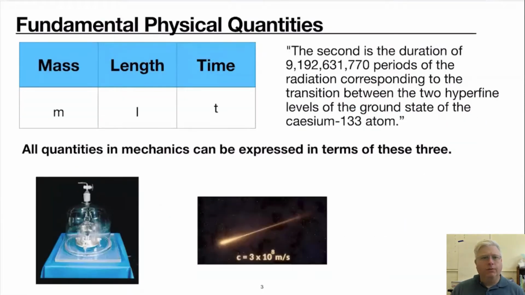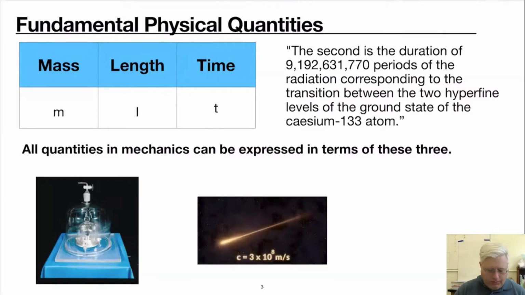All right, then in physics we also refer to fundamental physical quantities, and there are 3 of them: mass, length, and time. What's interesting about these 3 is that all the physical quantities we'll study in this course can be expressed in terms of mass, length, and time.